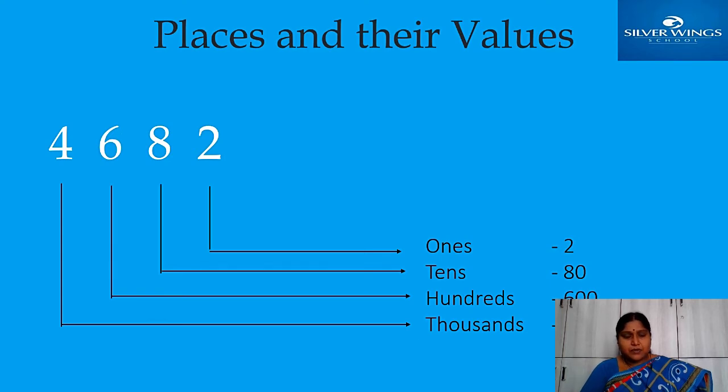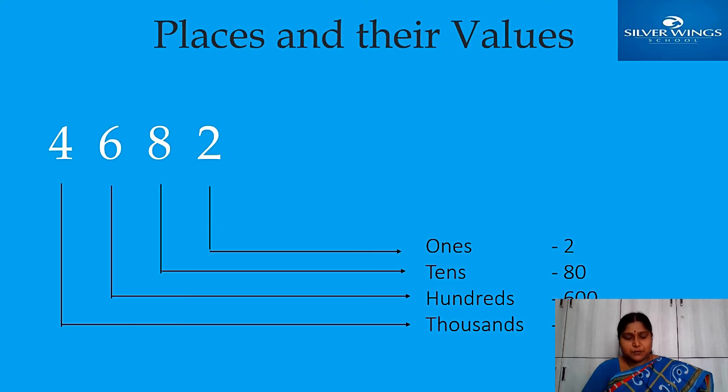Now here I will show you another 4-digit number, 4682. I already said to you, you should start from the right side. Now see right side, the last digit is 2. 2 is in ones place and the value of 2 is 2.